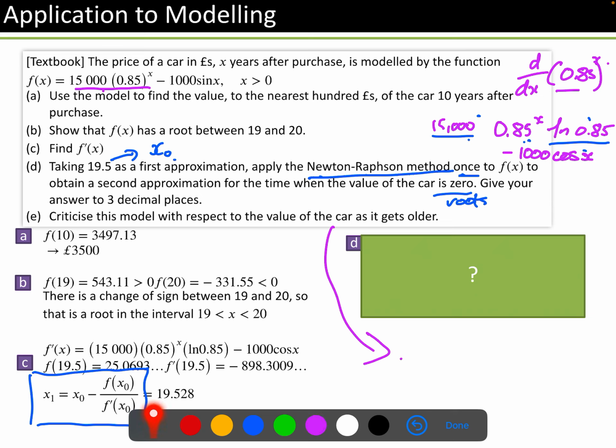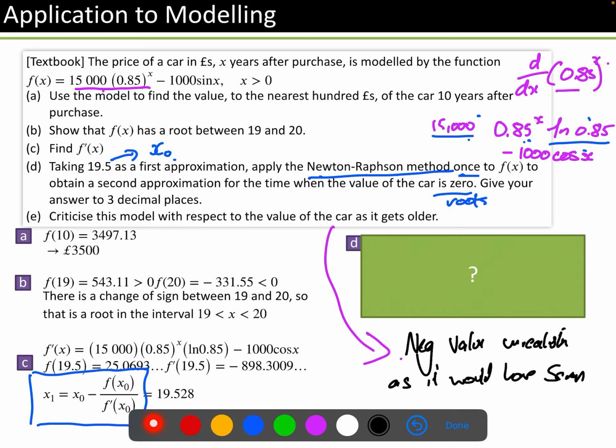One is that eventually, you see at 20, the car can have a negative value, but we would say a negative value is unrealistic, as it would have scrap value, or even rise again in price.